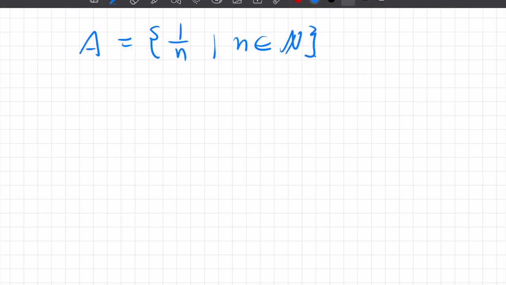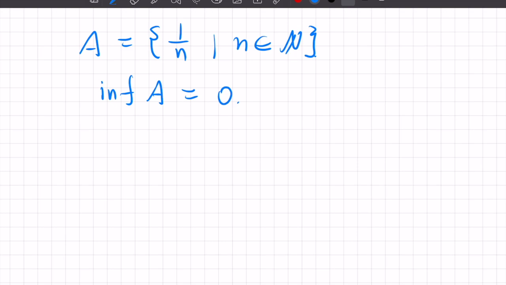Okay, let's see one example of this corollary. Let's say we have a set A that is 1 over n, where n is any natural number. The infimum of this set is 0. So let's prove this.